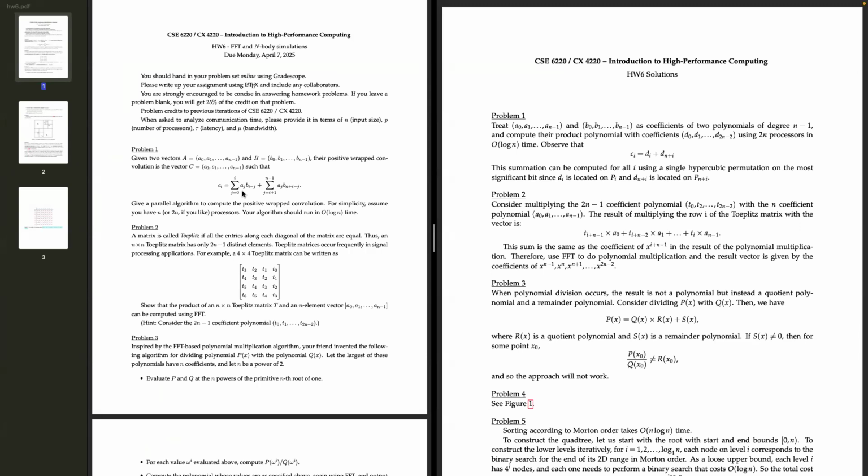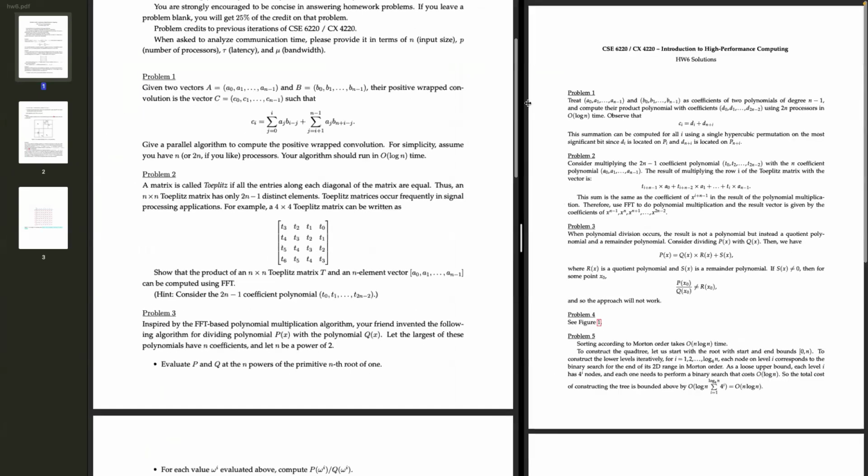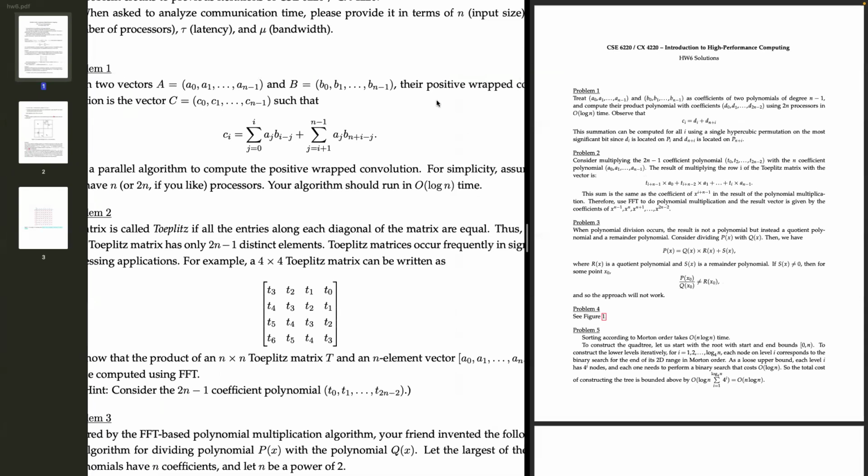The first part is the sum of A sub J times B sub I minus J, with J going up to I for some I. Then the second half is J starting from I plus 1 up to n minus 1.